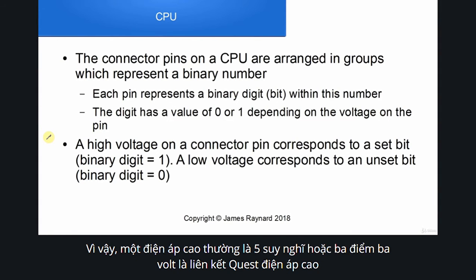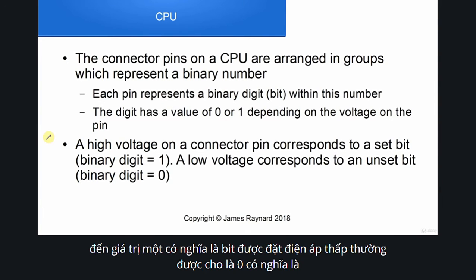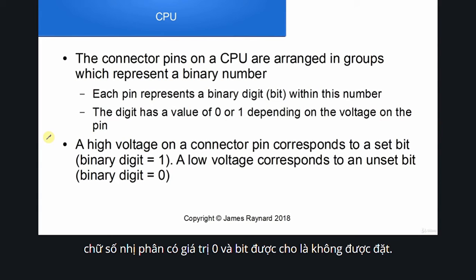A high voltage, which is usually 5 volts or 3.3 volts, corresponds to the value 1, which means that the bit is set. A low voltage, which is usually earth or 0, means that the binary digit has the value 0 and the bit is said to be unset.